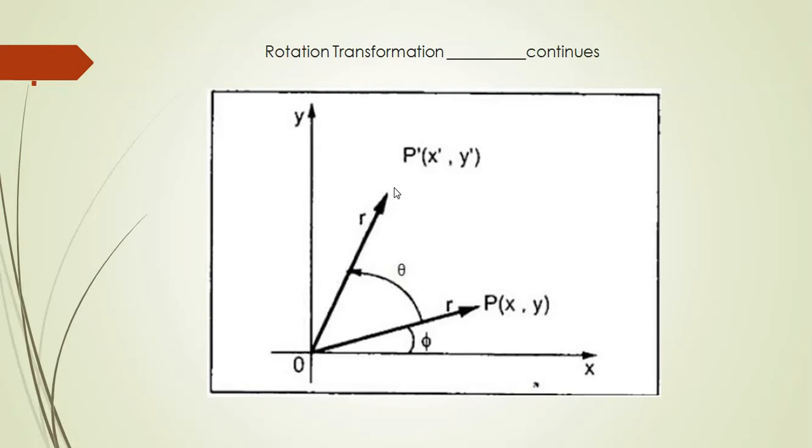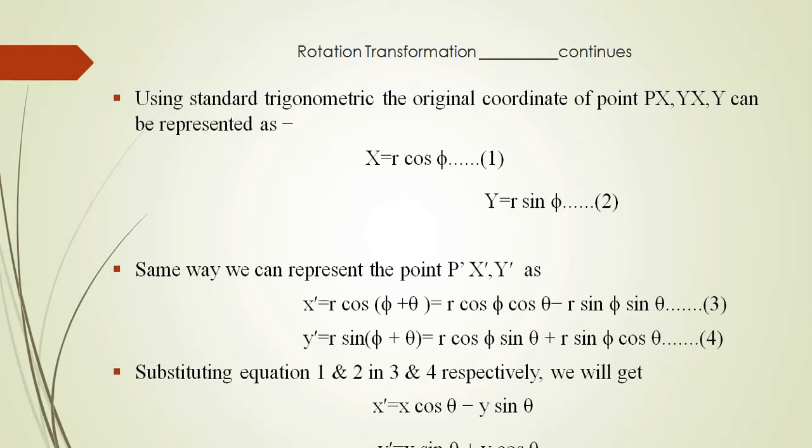So we get the x dash and y dash coordinates. Then we use the mathematical formulas for cos of a plus b and sin of a plus b, replacing a plus b with phi plus theta. The cos of phi plus theta gives x dash equal to r cos phi into cos theta minus r sin phi into sin theta. Here y dash is equal to r sin of phi plus theta, equal to r cos phi into sin theta plus r sin phi into cos theta.